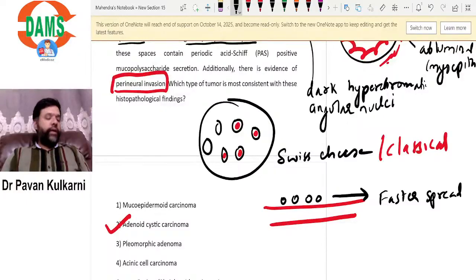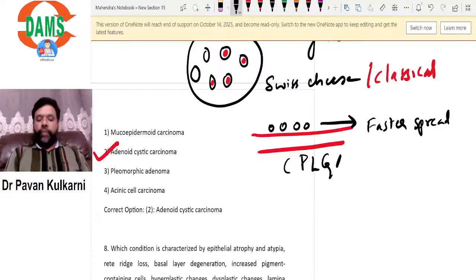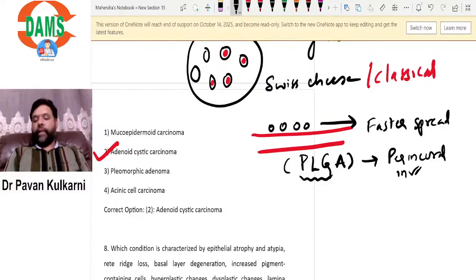There is one more tumor which exhibits this perineural invasion, that is the polymorphous low grade adenocarcinoma. PLGA also exhibits perineural invasion. Remember this, which is also a salivary gland tumor that exhibits perineural invasion.